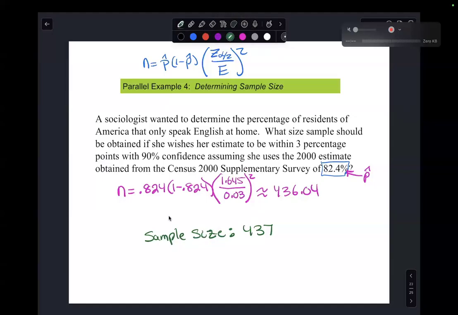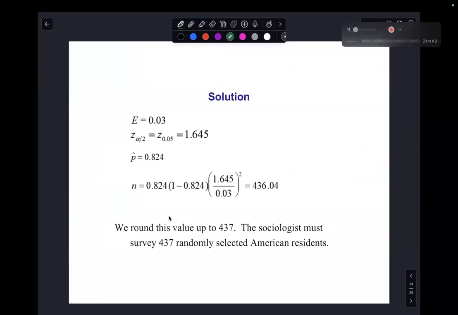Questions before I move on? All right. Here it is all typed out pretty. The sociologist must survey 437 randomly selected American residents. We have one more slide, one more example. We got this.